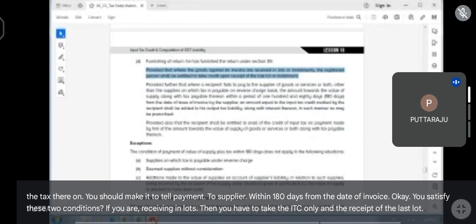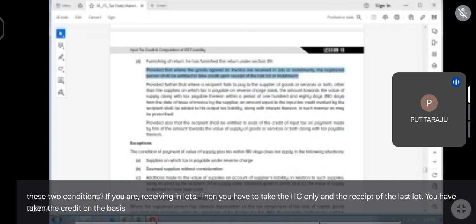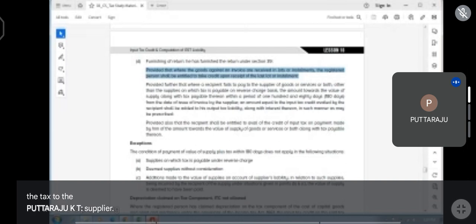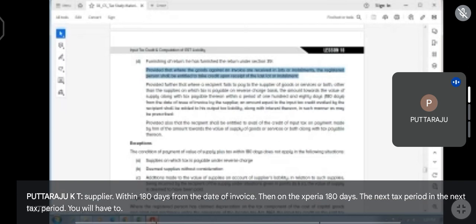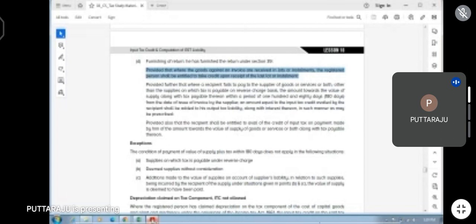And if you have taken the credit on the basis of accrual concept during the month, and you haven't made the payment of the value along with the tax to the supplier within 180 days from the date of invoice, then on the expiry of 180 days, in the next tax period, you will have to reverse the ITC availed, and again you can re-avail once you make the payment. Understood, guys?